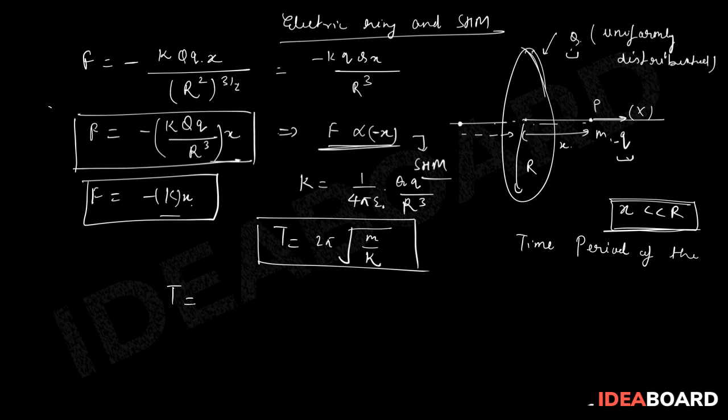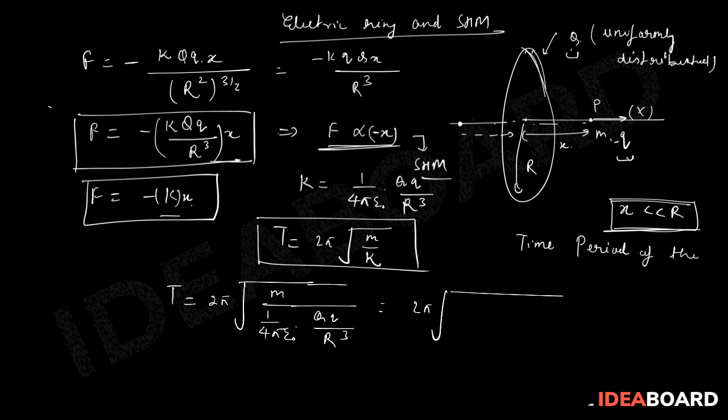So T is equal to 2 pi under root of m, m is going to be m only, k is 1 upon 4 pi epsilon naught into Qq upon r cube. So this is 2 pi under root of 4 pi epsilon naught into r cube into m upon Q into q. This is going to be the value of the time period.